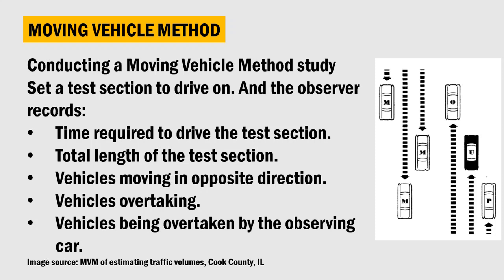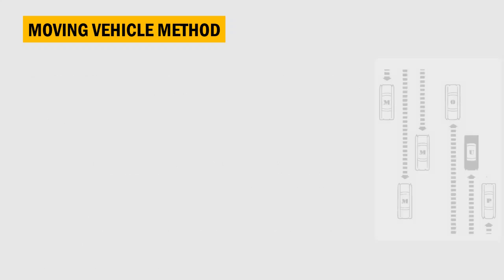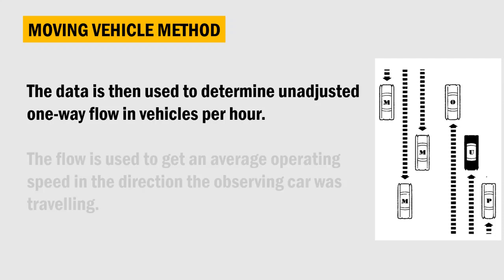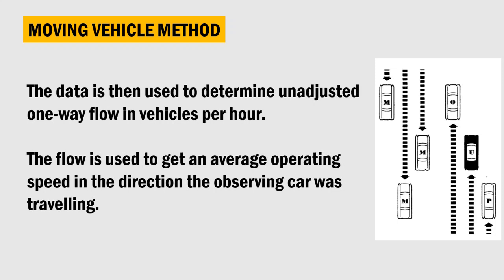However, the errors cancel out when the sections are combined. The collected data is then used to determine an adjusted one-way flow in vehicles per hour. Then the flow is used to get an average operating speed in the direction the observing car was traveling in.